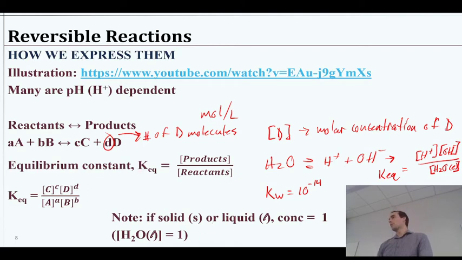The concentration of a liquid or a solid, whether it's like a precipitation reaction and there's a solid sitting in there, some of it's dissolving and some molecules are precipitating back. If there's a liquid or a solid, we treat it as one. And that's always going to be on the denominator because that's always going to be our reactants. It's like our solid is dissolving or our water is dissociating. That is like the actual liquid, the solvent itself, right?